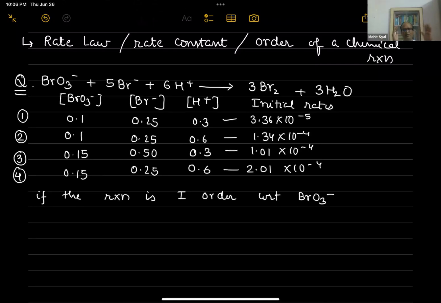As I told you just now, also in the previous class, you take different sets of concentrations and run the same reaction. In two experiments, you keep some of the concentrations the same and change some. When you divide them, you can figure out how the rate is changing with respect to that particular reactant. Is it clear or not?